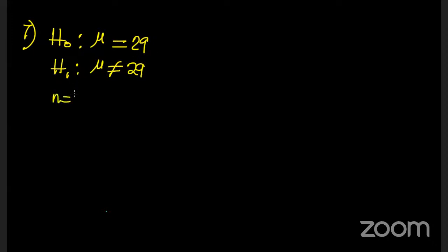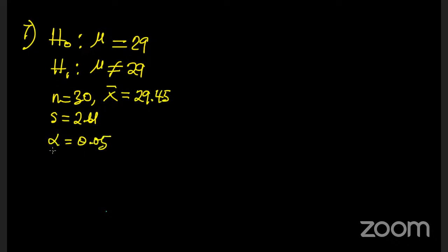where we're given n to be 30. From our table, we should get this to be 2.61. And our mean, I think we should have written the mean first, is 29.45. S is 2.61.